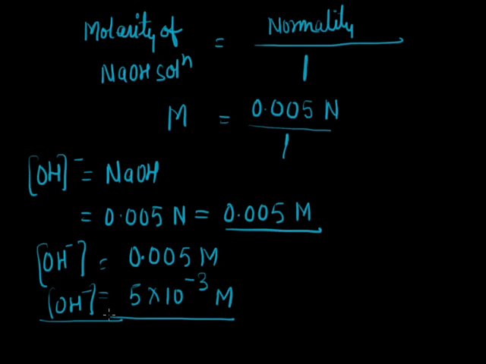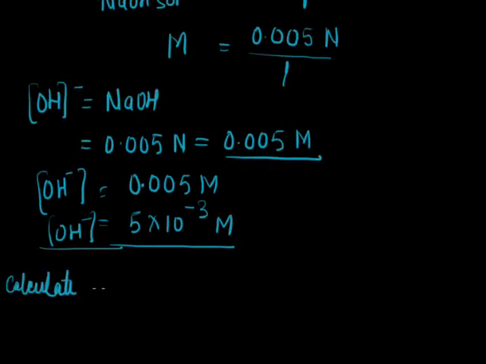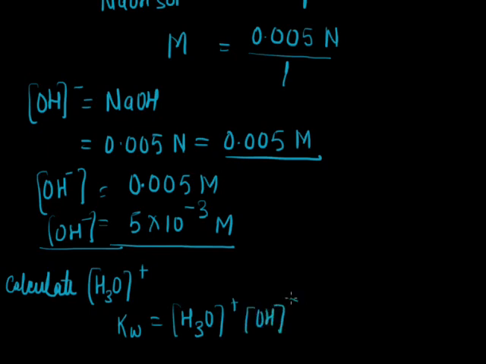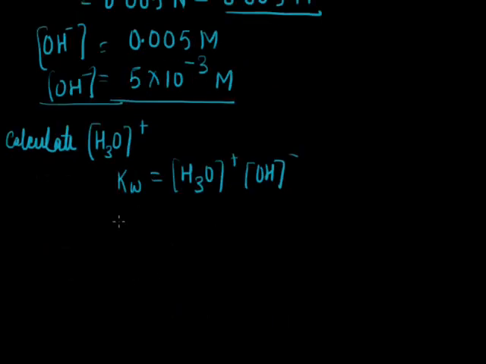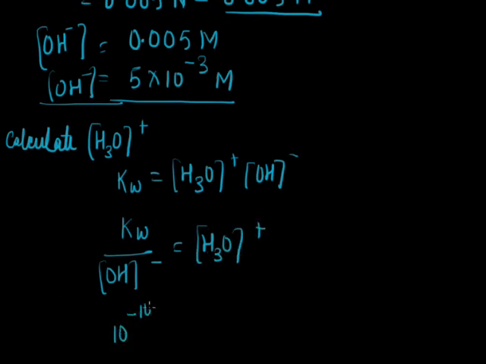Now we have to calculate H3O plus ions or H plus ions. We know the relation Kw is equal to H3O plus into OH minus ions. We know the OH minus ions, so Kw divided by OH minus ions will be equal to H3O plus ions. Here the value of Kw is 10 to the power minus 14.